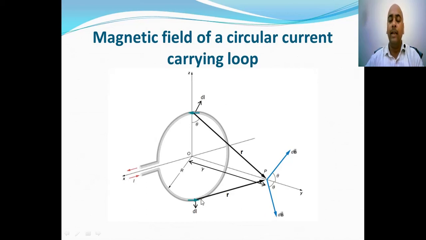The radial distance r of point P from these two differential elements is exactly the same, and the magnitude of the magnetic field dB due to these two differential elements will be exactly the same.